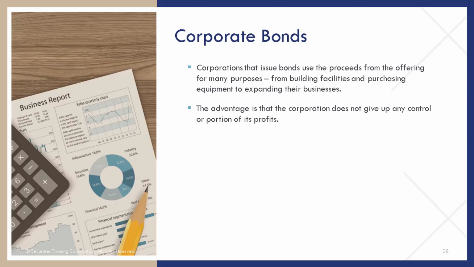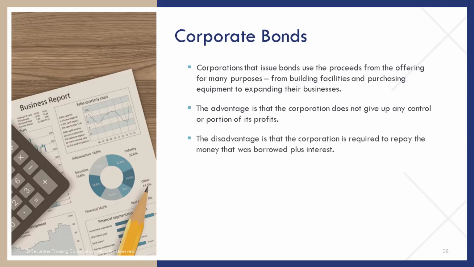Remember, the bondholders are just creditors. They are simply owed money. The disadvantage is that the corporation is required to repay that money plus the interest. So they're making the interest payments, then eventually they have to repay that face amount or principal amount, or they've defaulted and can be forced into bankruptcy protection.